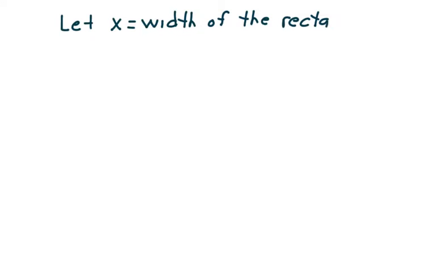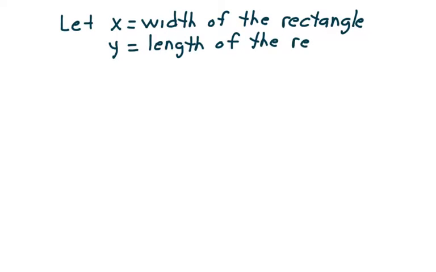So what we're going to do is let x equal the width of the rectangle, and let y equal the length of the rectangle, and let A equal the area.